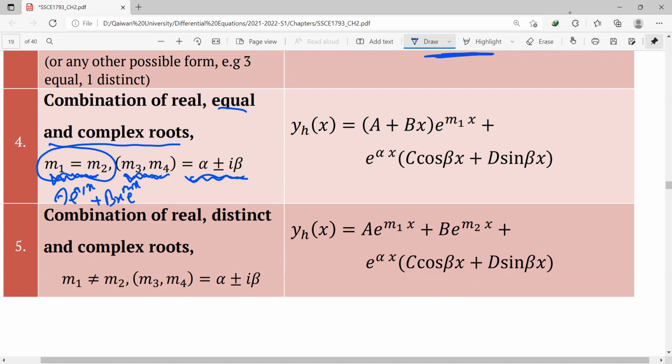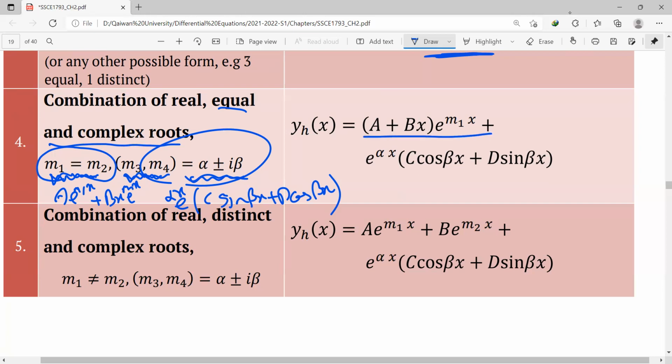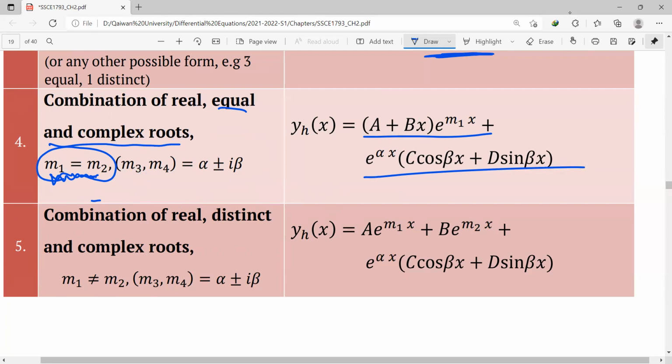For the complex ones, we have sine and cosine: e to the power alpha x, which is the real part, times c cosine beta x plus d sine beta x. Either the first or the second one should be cosine. This is the solution. As you see, this is for the equal ones, and these are for the complex ones.